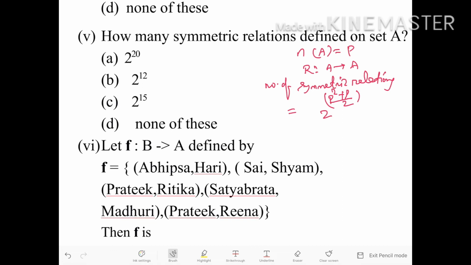This is the formula to find the number of symmetric relations when a relation is defined on the set A containing P elements. So here our set A contains 5 elements. So the number of symmetric relations will be 2 to the power (5 square plus 5) by 2, means 2 to the power 30 by 2, means 2 to the power 15. Hence C will be the correct option.